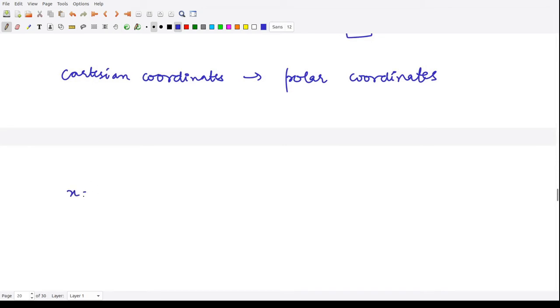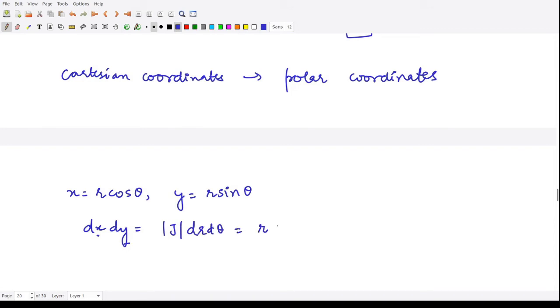In polar coordinates, x is written as r cos theta and y is written as r sin theta, and dx dy is equal to the Jacobian of changing from xy to r theta, and the value of the Jacobian in this case is r. So this is r dr d theta.